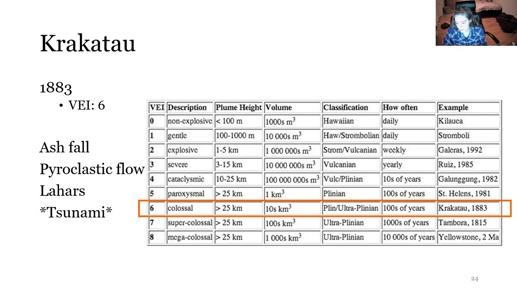So the eruption of Krakatoa at a VEI of 6 was equivalent to 200 megatons of TNT, which is about 13,000 times the size of the nuclear yield of the Little Boy bomb that devastated Hiroshima, Japan during World War II. So the explosion that happened when Krakatoa erupted was the size of 13,000 nuclear bombs. So it was a very large explosion.